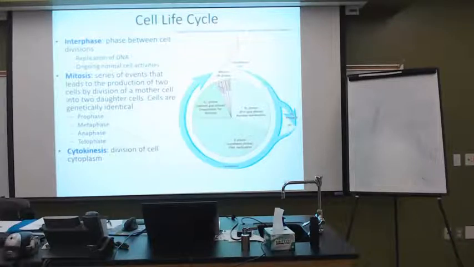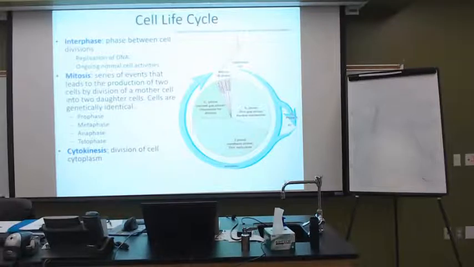So, the cell's life cycle, the entire lifespan, it includes phases. Interphase, mitosis, cytokinesis. This is where, if you think about this term, cytoplasm, okay? That is the actual pinching in of the cytoplasm, and we've got 2 new cells, okay?